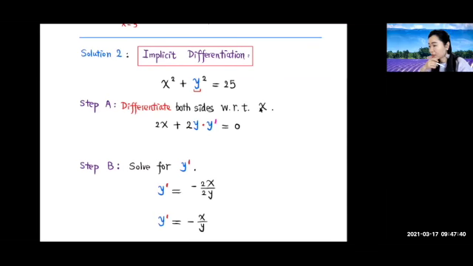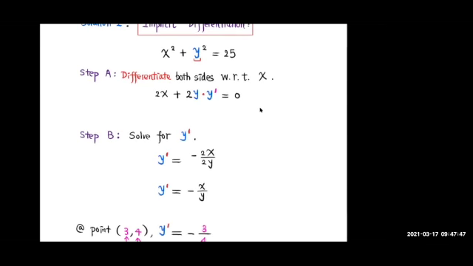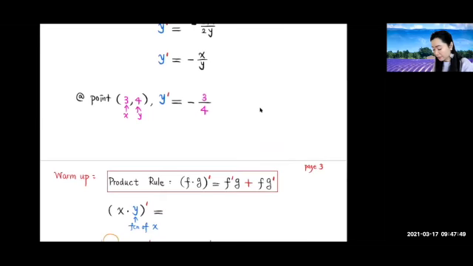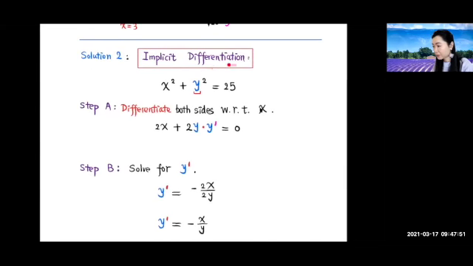Here we only have two variables, x and y, but it can also be used on equations that have 3 or more variables. Implicit differentiation is useful because you don't have to solve for y explicitly. So to find y prime, we will use implicit differentiation.